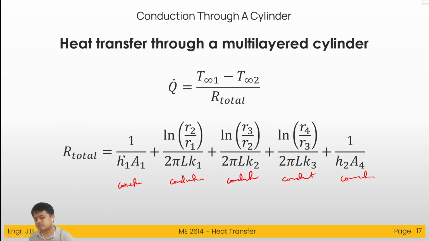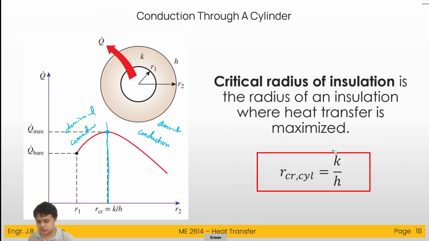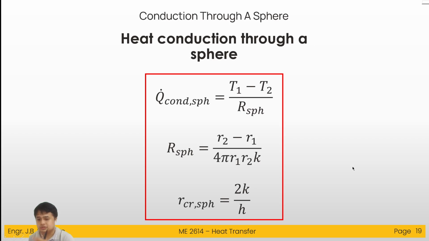But anyway, there's a shortcut method. The critical radius of the insulation is just k over h. K is the thermal conductivity of the insulation material, and h is the convective heat transfer coefficient of the outside wall. So that's it. We have another term, the critical radius of insulation.